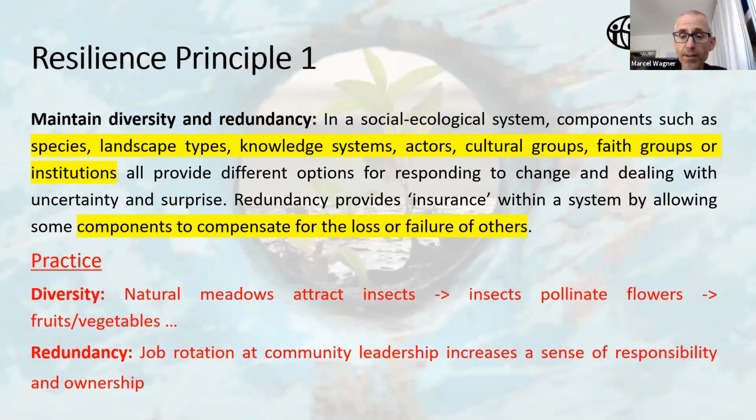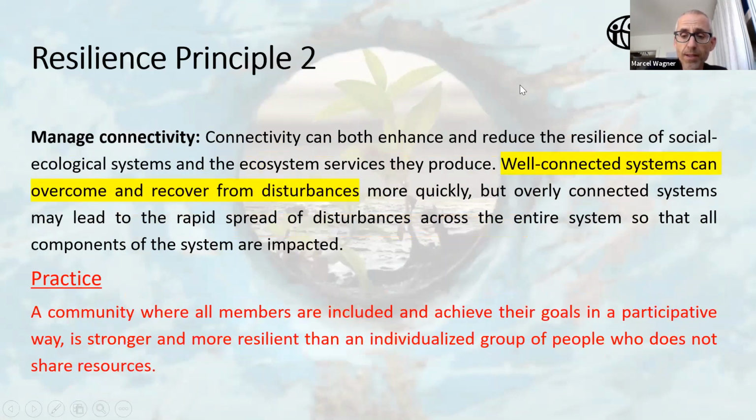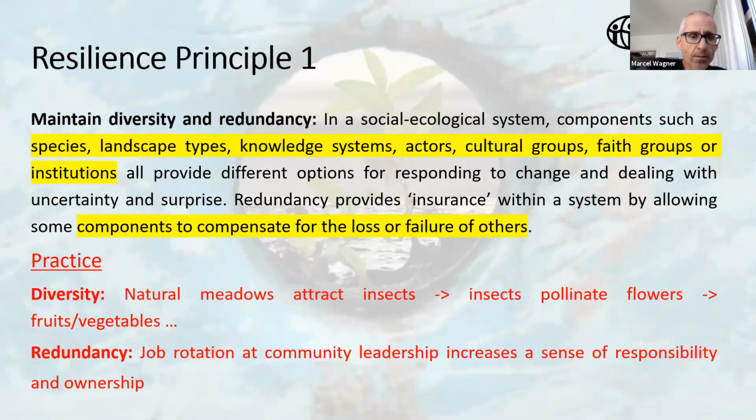If you have no natural meadows, if it's all monoculture, it's not... please remain on principle 1. Yes. It's important that meadows are natural, insects are attracted, insects pollinate flowers, and fruits and vegetables are growing. These are the natural ways of diversity.